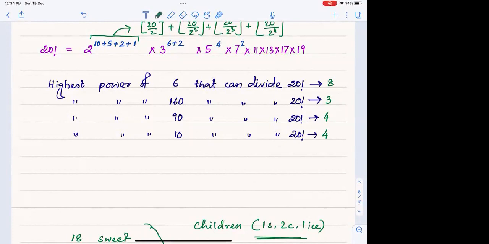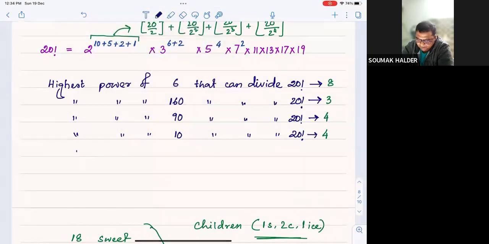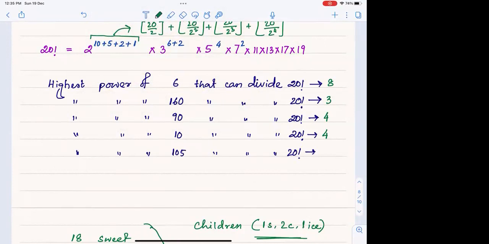Like if I ask you again, highest power of 105 that can divide 20 factorial. So what should be our answer? 2.